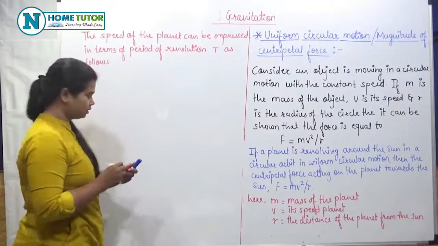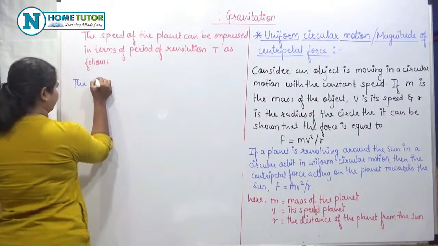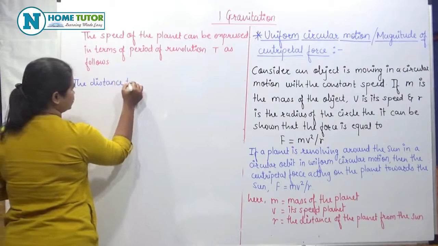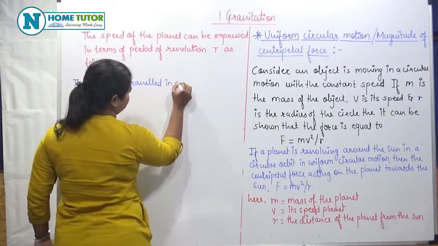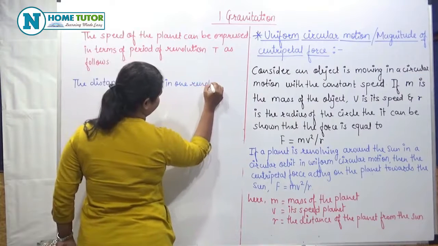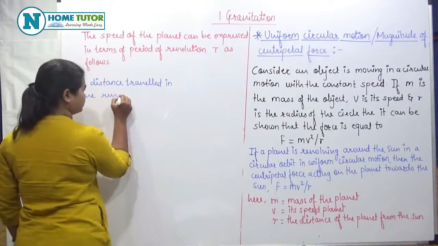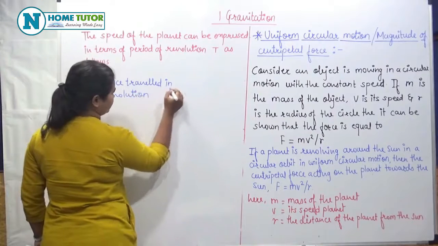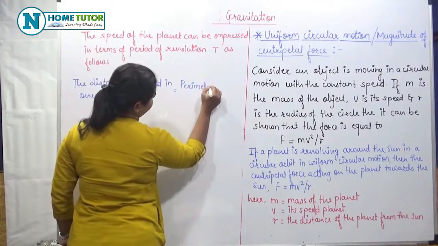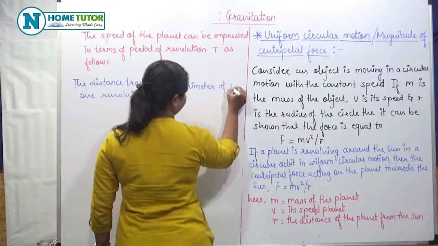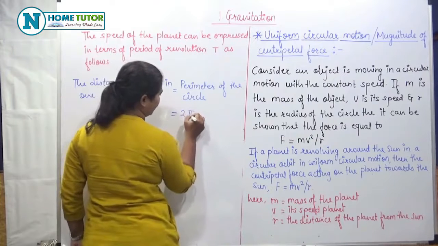Now, the distance traveled by the planet in one revolution is equal to the perimeter of the circle, that is 2 pi r.